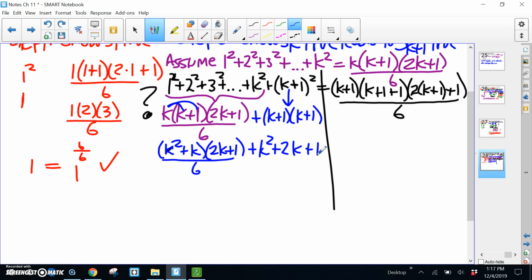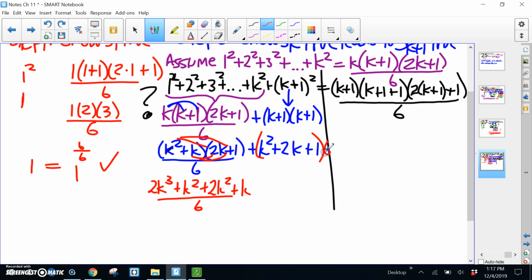So even better, it looks like it's going to match up with that right side, I suppose, but we're still going to have to clean some stuff up. I'm going to FOIL this, and I've got 2k cubed plus k squared plus 2k squared plus k over 6.